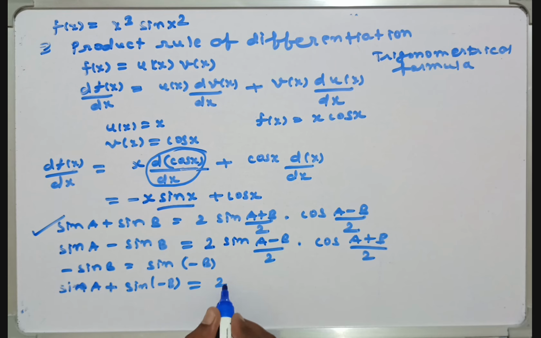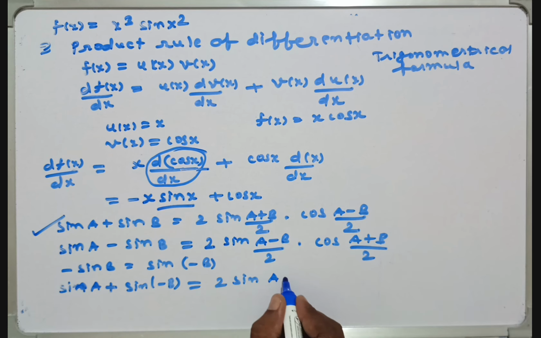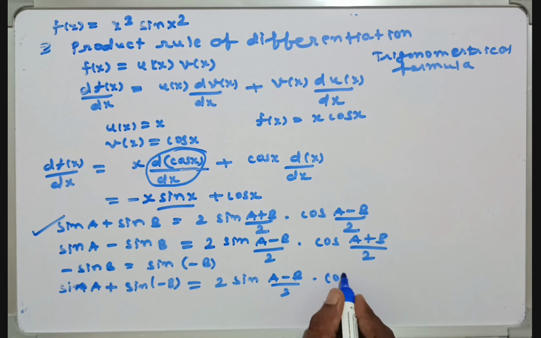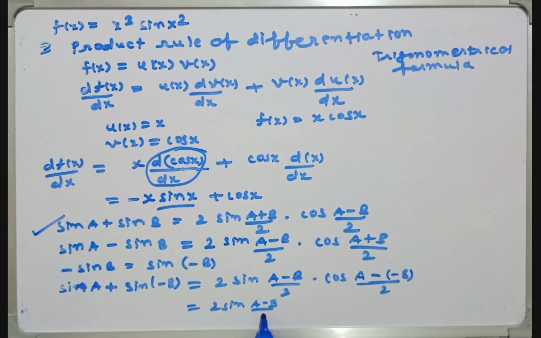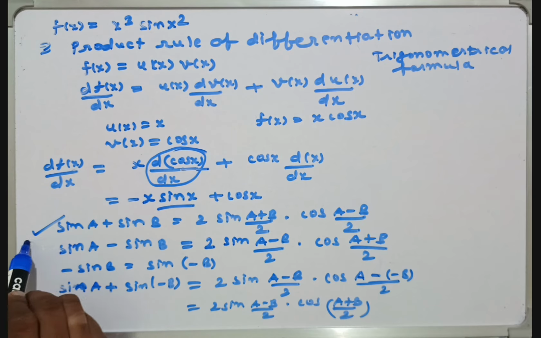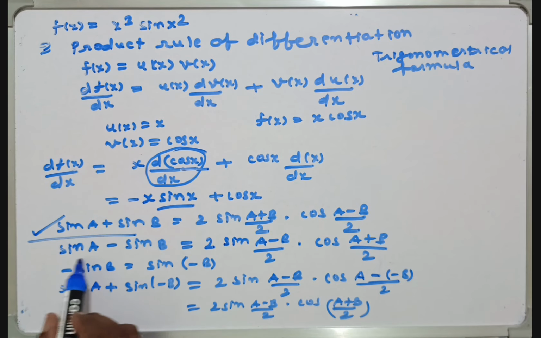So you can write sin A, then here B value is minus B, so 2 sin((A-B)/2) cos((A+B)/2). Okay, so this one is a trick. When you remember the first one, you can find the second one.